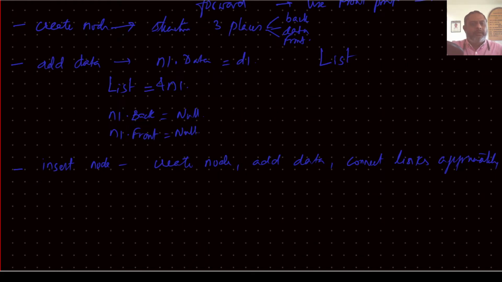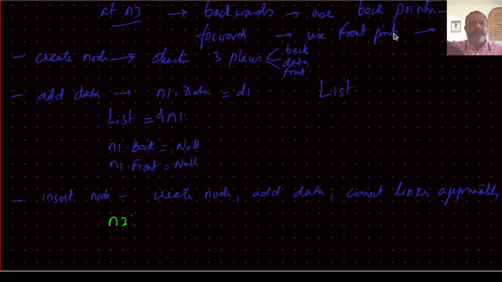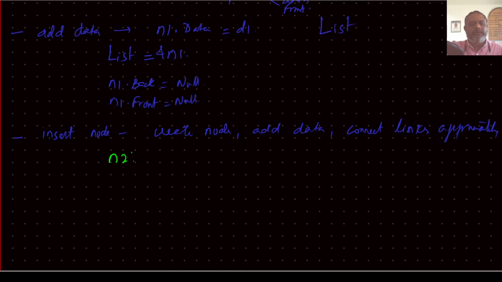Now let's assume that we are creating a node for n2. When node n2 was created, we get n2 dot data, then n2 dot back, then n2 dot front.